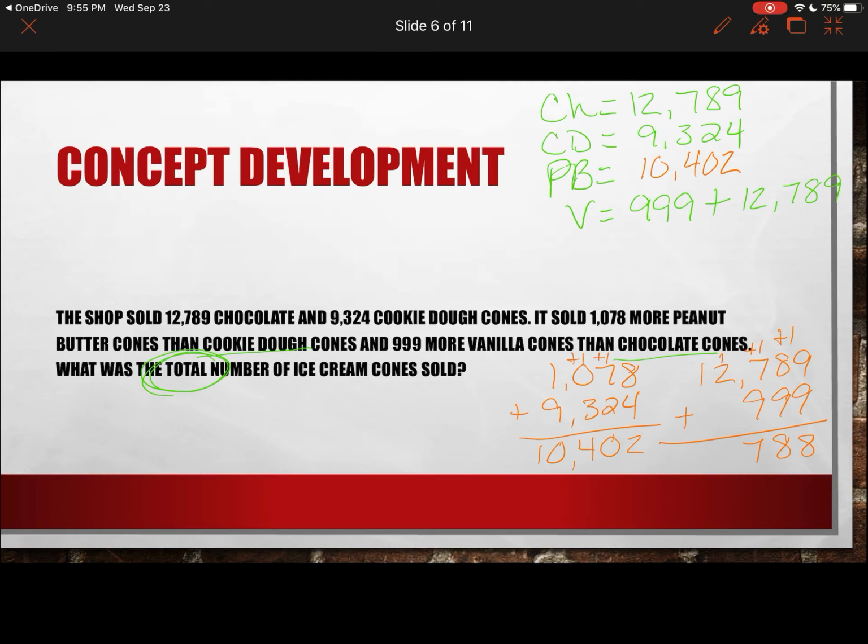So for vanilla, we can erase the problem here because we do have a total, and that is 13,788. So now that we know our totals for each one, we are going to add them together to get a total of all the ice cream cones sold. So go ahead and pause the video now to find the total.